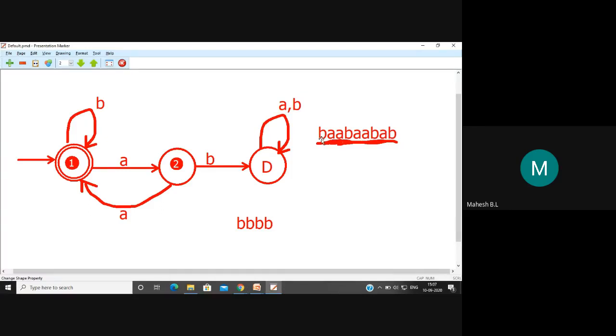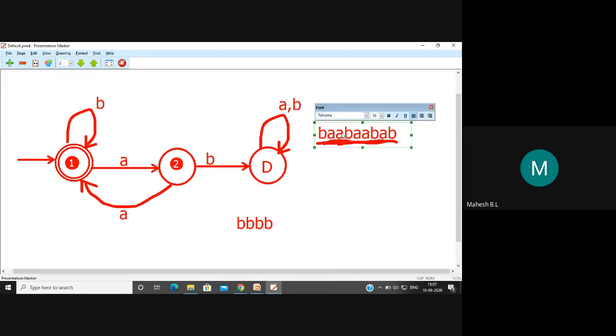Let's see how this DFSM is going to reject this. First B, self loop, then A, then B, self loop, A, B, self loop, A, B. After reading this B, you are in the dead state. That's why this string is rejected.